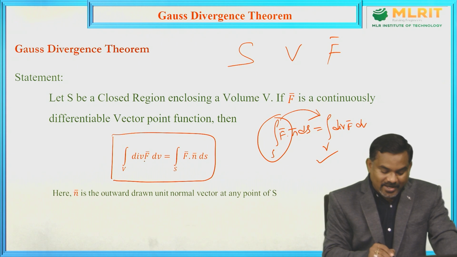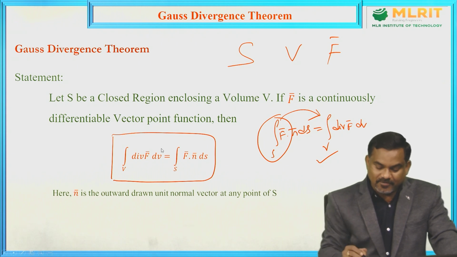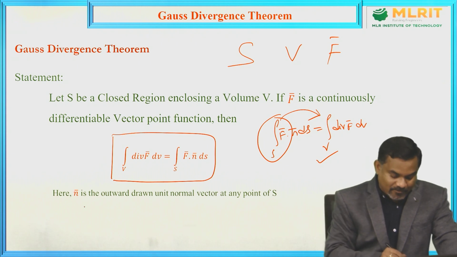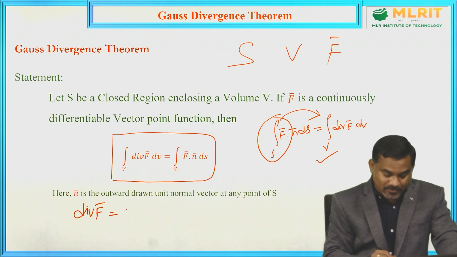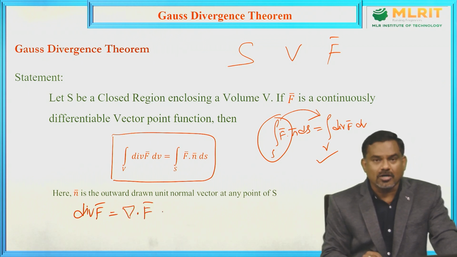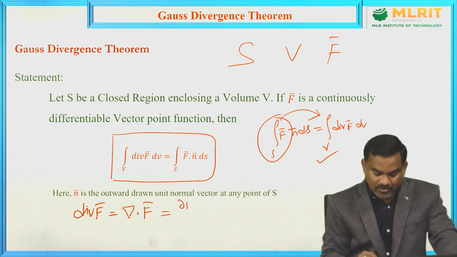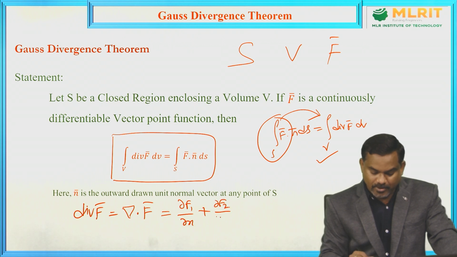So here f bar is the given vector, and what is div f bar? Div f bar is the divergence of vector f bar, which can be obtained using del dot f bar, the dot product between the gradient operator and the given vector. This results in dou f1 by dou x plus dou f2 by dou y plus dou f3 by dou z.